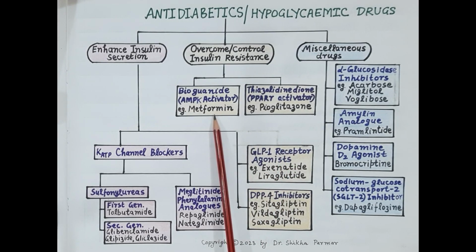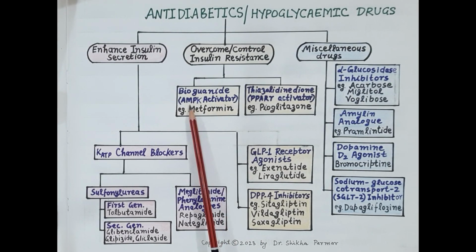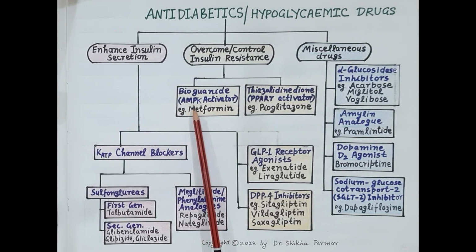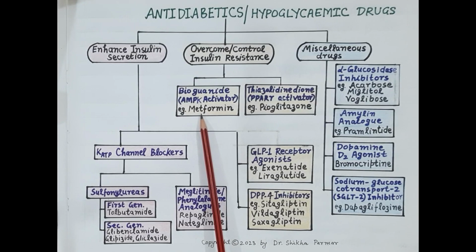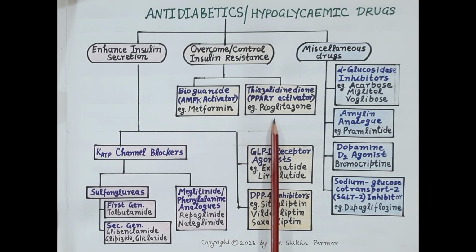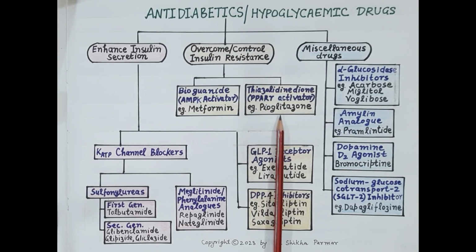Now, metformin is the only biguanide drug. It reduces insulin resistance by activating AMPK, that is by activating AMP-dependent protein kinase. Now, very important to note, metformin is the drug of choice in the treatment of all types of type 2 diabetes mellitus. Now, pioglitazone. Pioglitazone is a thiazolidinedione.